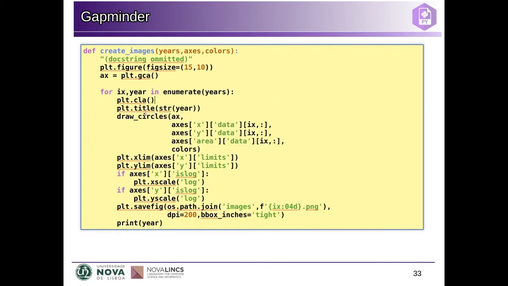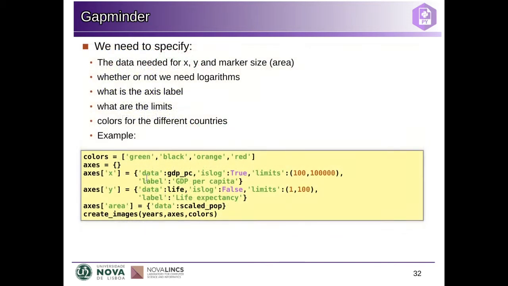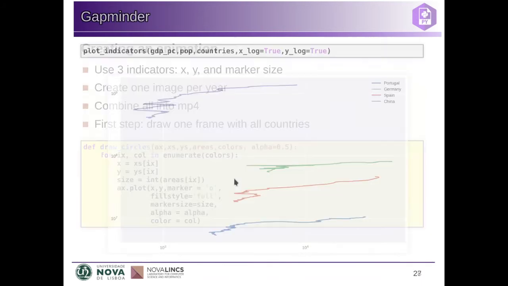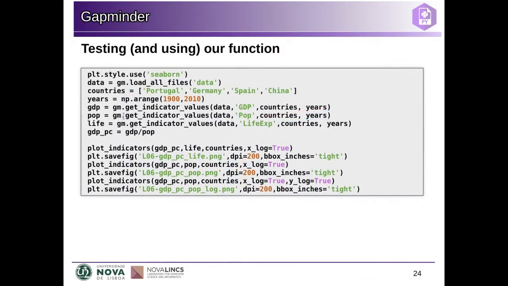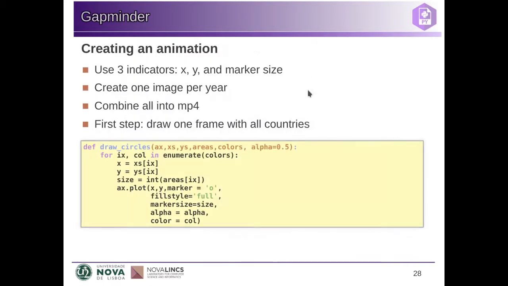So the data that we need is, for the x-axis, we get the x entry in the axis data that we received. We look at the data entry there because the data entry has the metrics we got from our previous function, get indicator values, the one that extracts a matrix with the countries and the years that we ask.